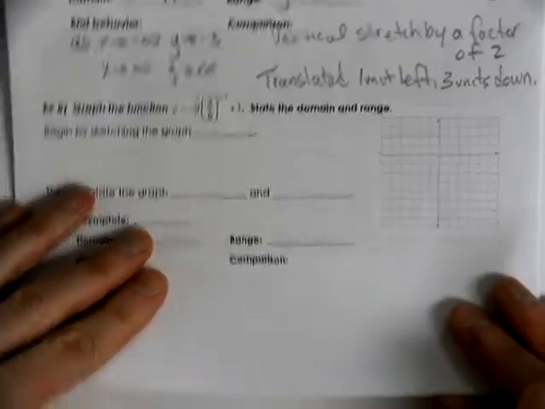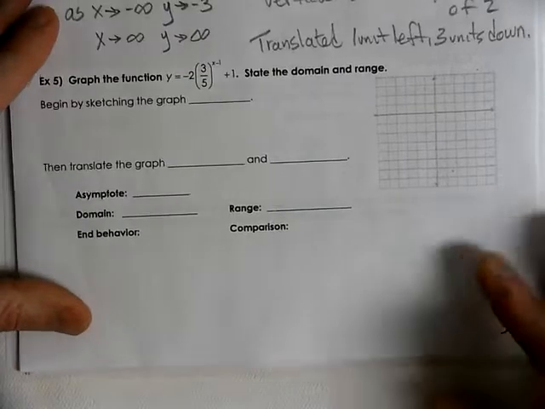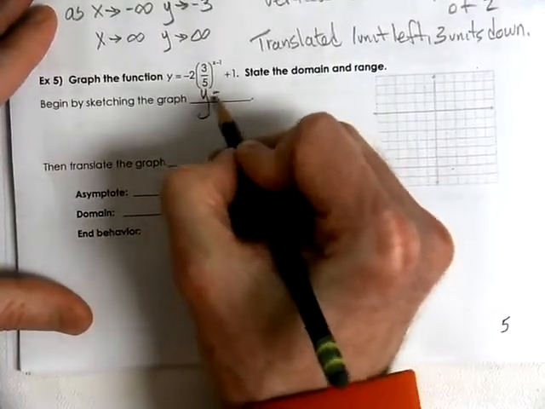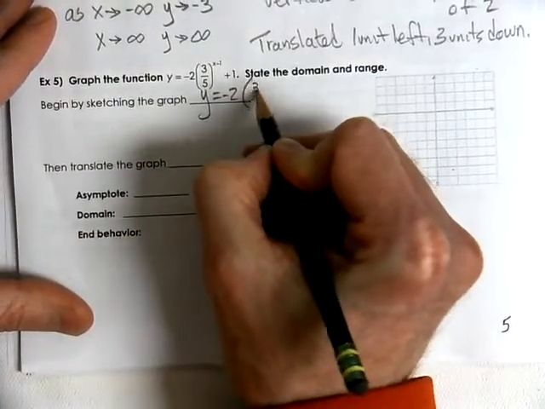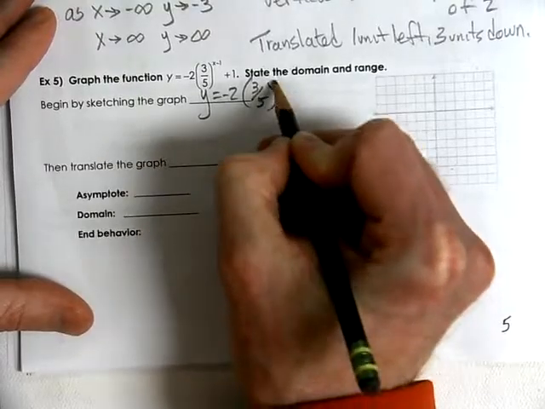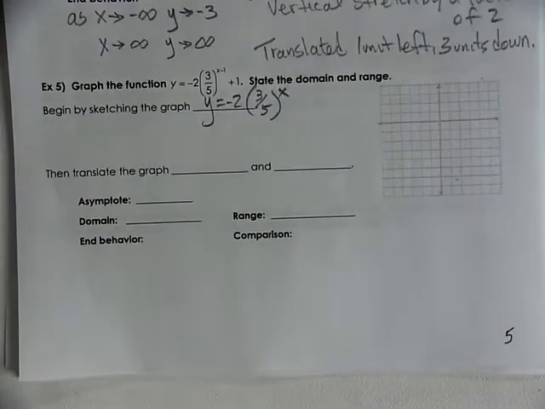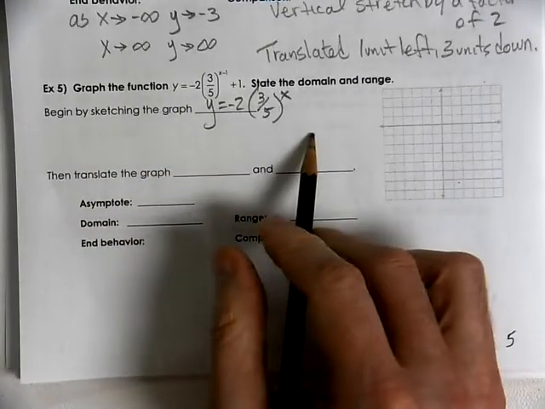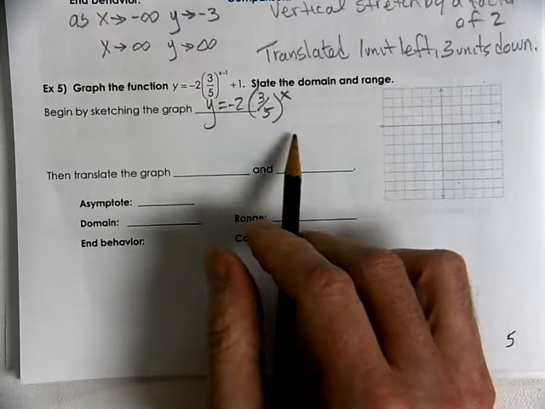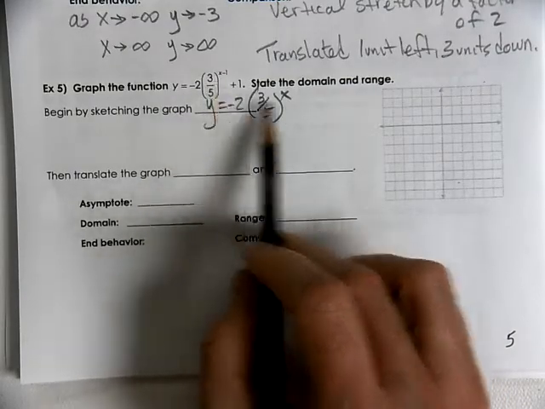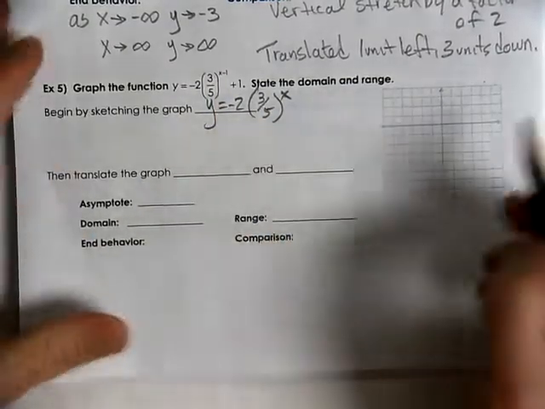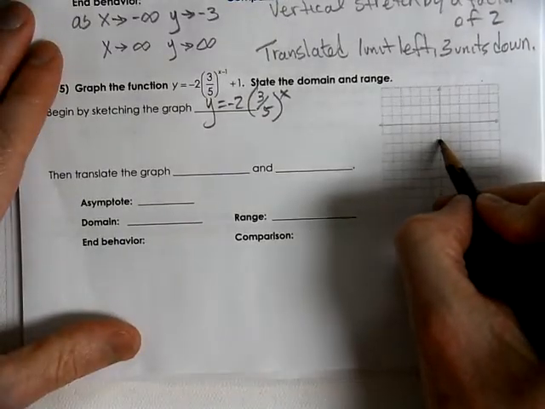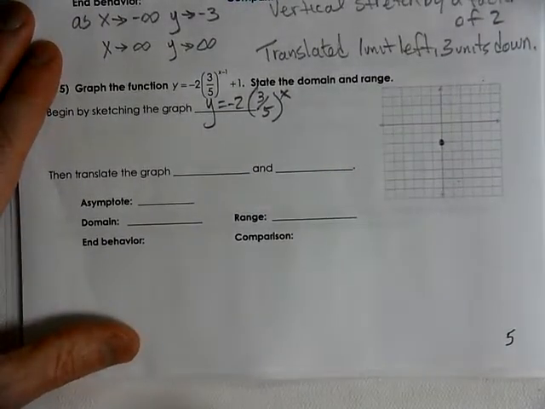So we'll move down to our next example, which is y equals negative 2 times 3 over 5 to the x power. So you can make a table out of this, or you can use this area to do your calculations. When x is 0, we know we're going to be at our a value, so we're at negative 2.